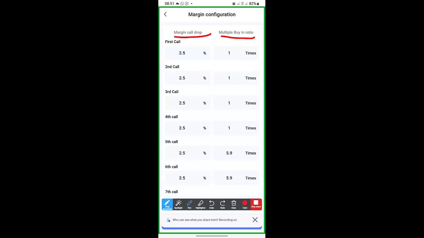It simply means that here, you're telling the bot, if I enter cream at 56 and it falls by 2.5% down the market, let it buy one time. Now, most of you are going to ask yourself, what is it buy?